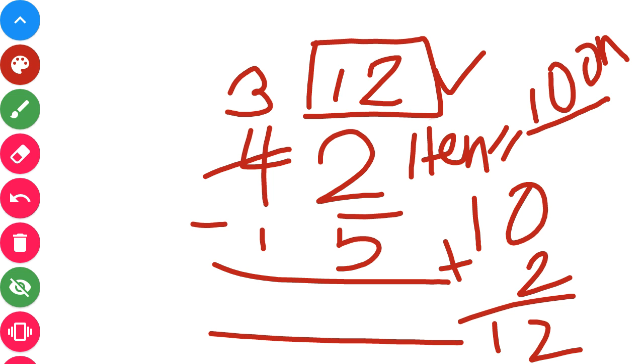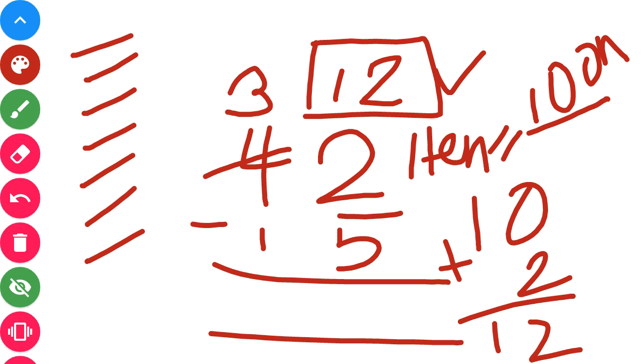Now can we minus 5 from 12? Which number is greater? 12 is greater or 5 is greater? 12 is greater, so we can easily minus. Count after 5 to get 12. 6, 7, 8, 9, 10, 11 and 12.